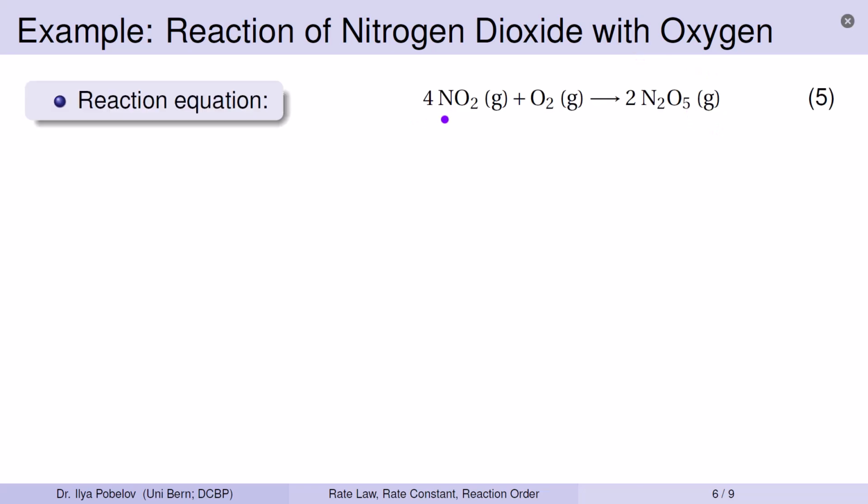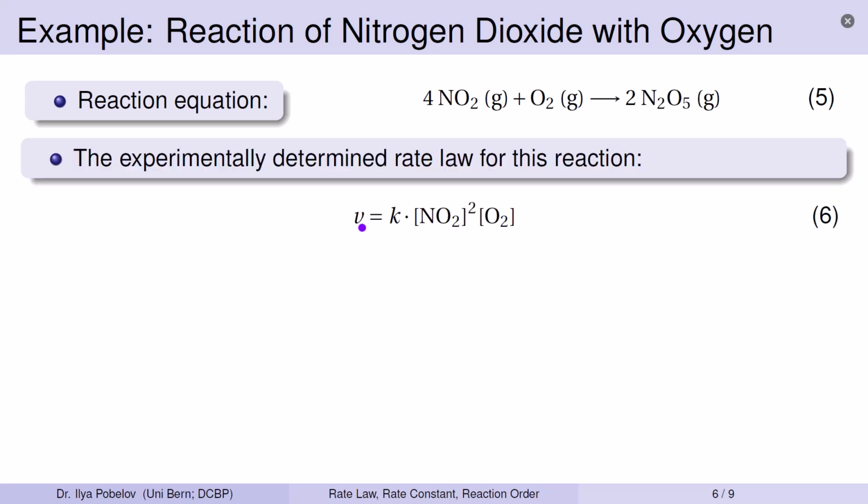Its balanced chemical equation is shown here. The experimentally determined rate law expression for this reaction is given by this equation. The reaction rate V is equal to rate constant k multiplied by the concentration of nitrogen dioxide squared and by the concentration of oxygen.